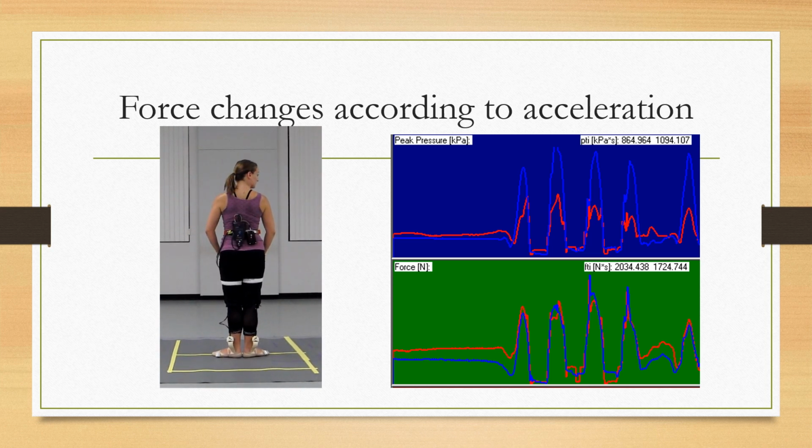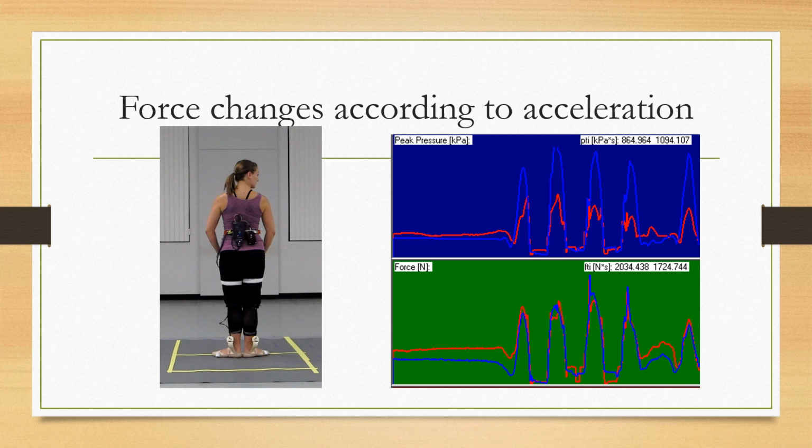Very good, thank you. So what you see on the bottom here is the actual force between her feet and the insoles of her ballet slippers. There are these force transducers here. So the red is the left, the blue is the right.